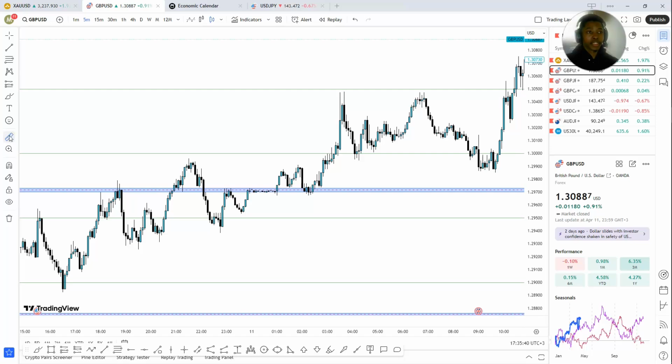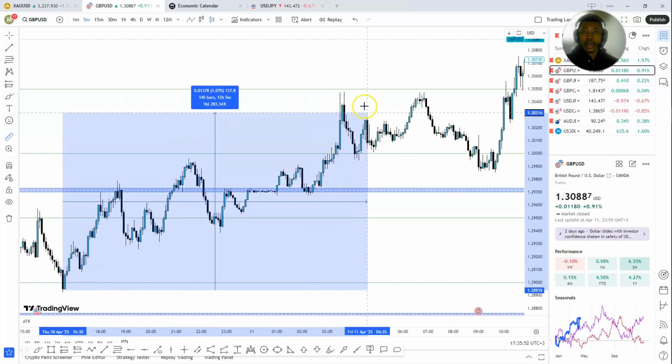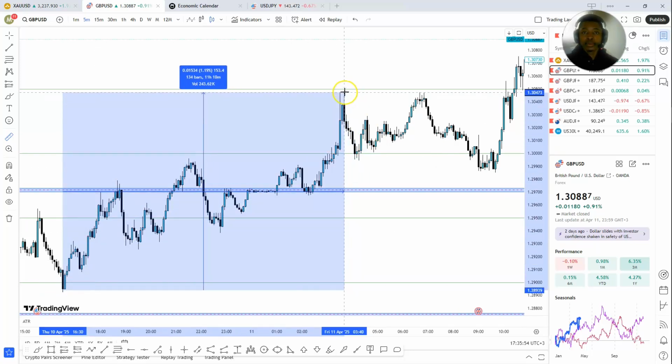If I take my measurement from this point up to this high, this is how we count pips. There are 153 pips in the up direction.